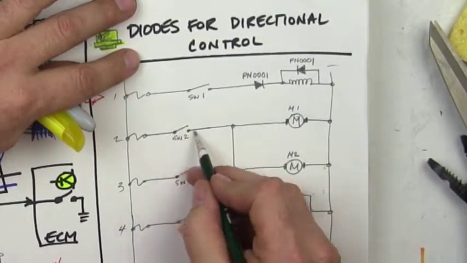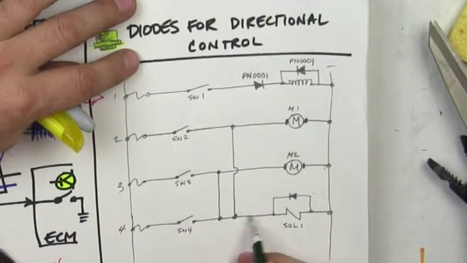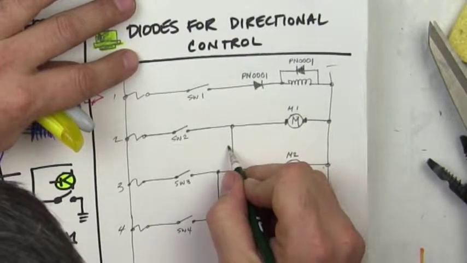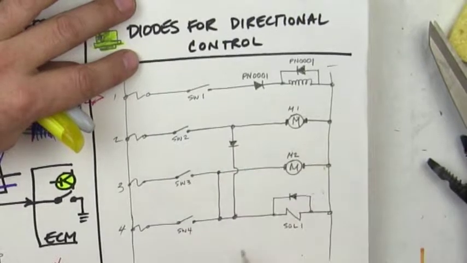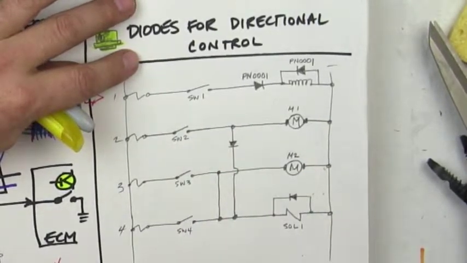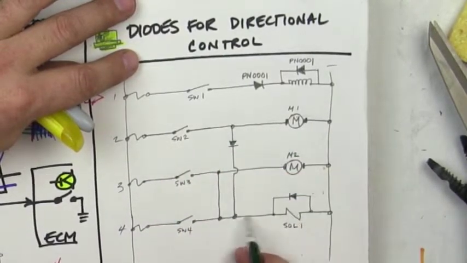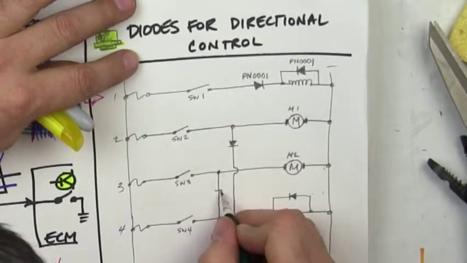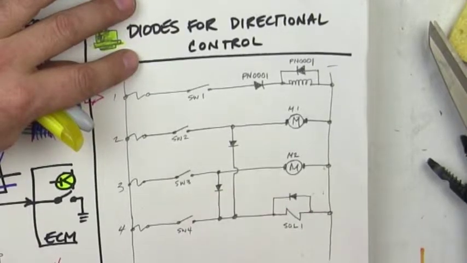In order for switch 1 to turn on this motor and the solenoid, there's going to have to be a diode here to not let anything from here come back up there, because we want this switch to turn on that motor and that solenoid, but not turn on anything else. So we would do the same thing here, I think. If I'm wrong, feel free to redraw it and email me.